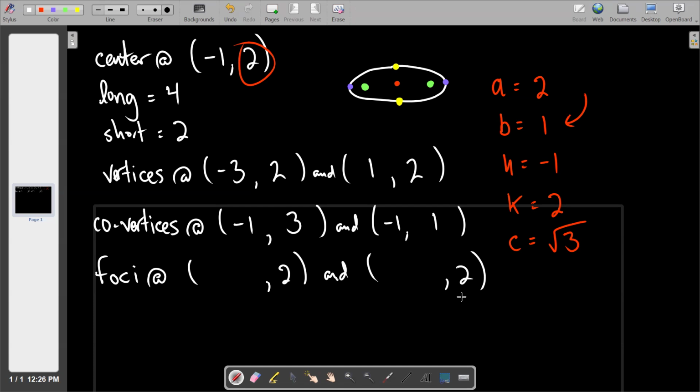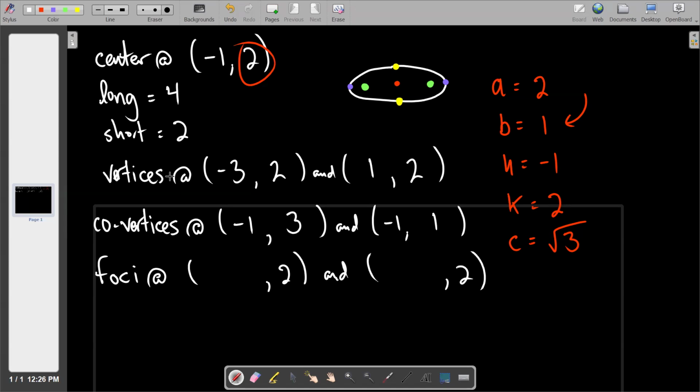Let's go left first. How far left do we go? Do you know the answer to that? Like how far left we go? C. That's exactly what I was hoping you'd say. That's perfect. And so if we start at an x-ness of -1 and go left c, c is √3.